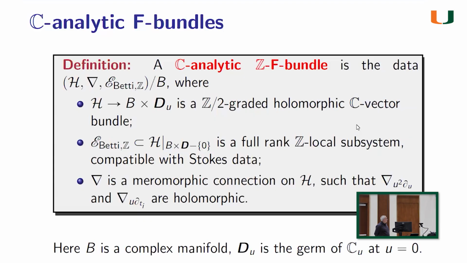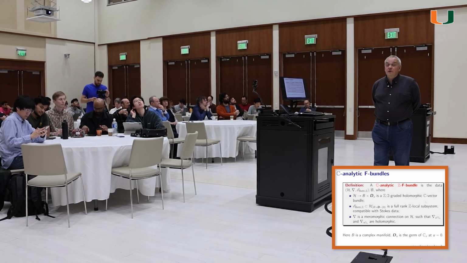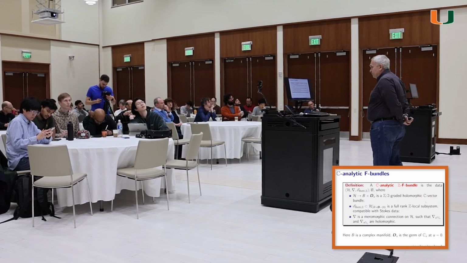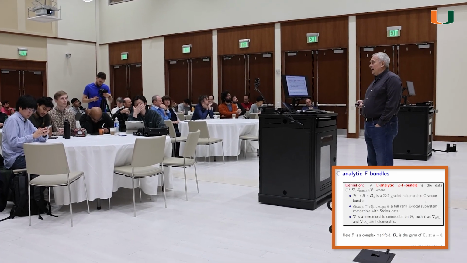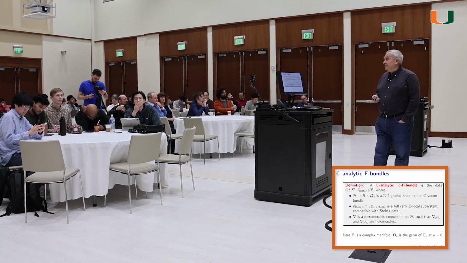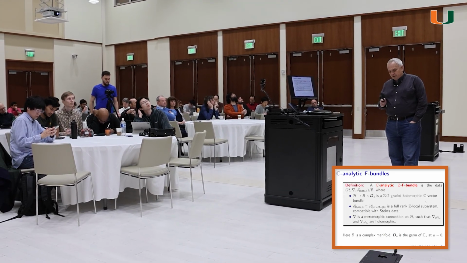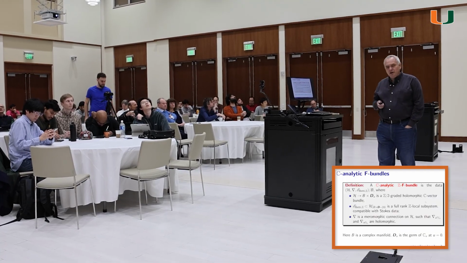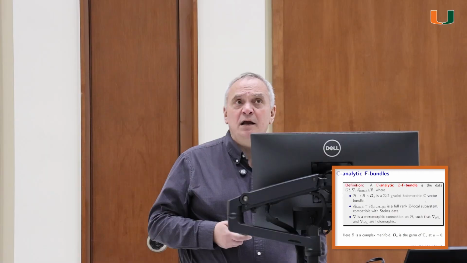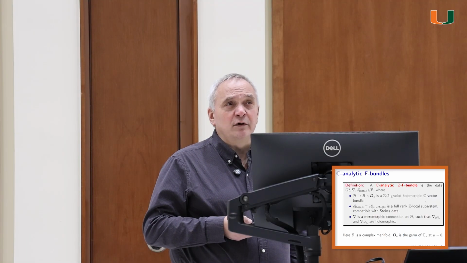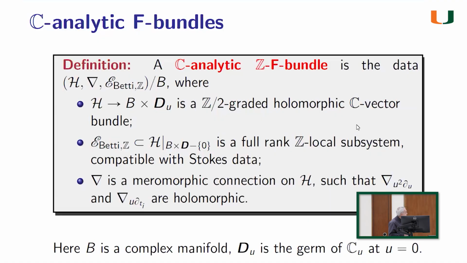And the condition is the compatibility between this lattice and the Stokes data for the connection in the U direction. So that's the definition. I'm not going to talk about the compatibility condition now, but I'll say a little bit about it later on when we talk about the Fourier dual description.